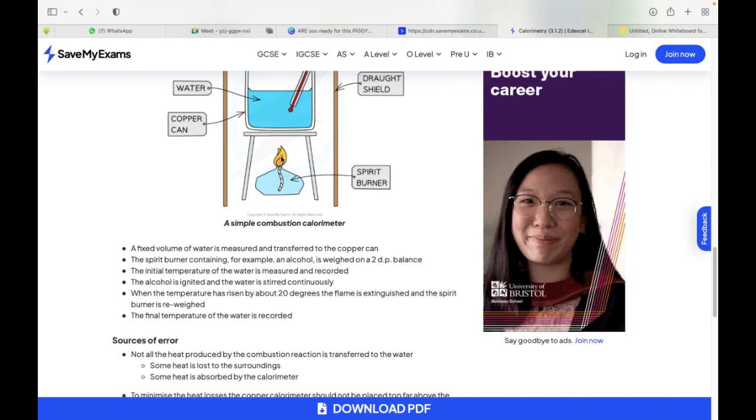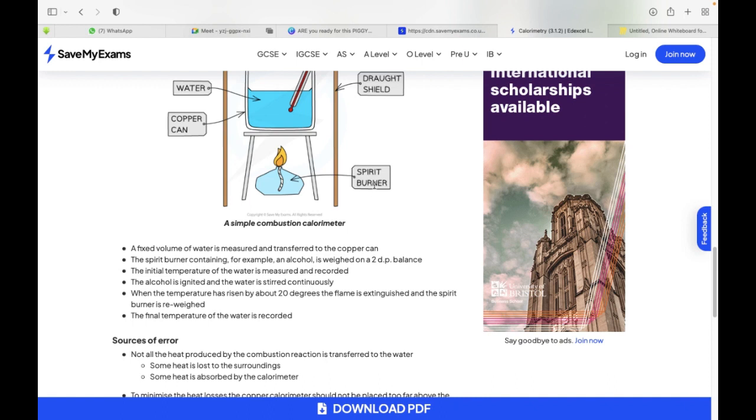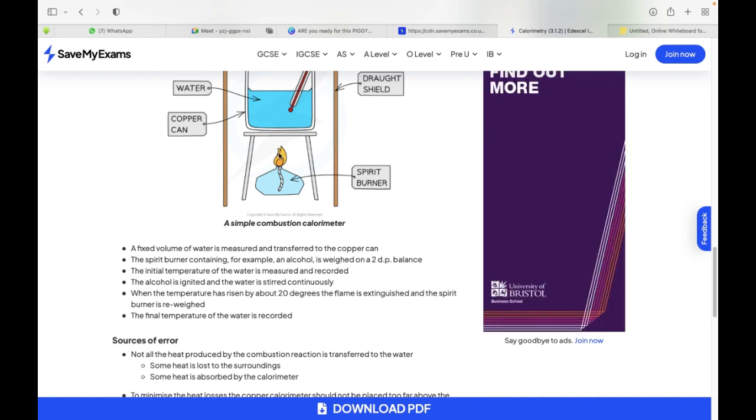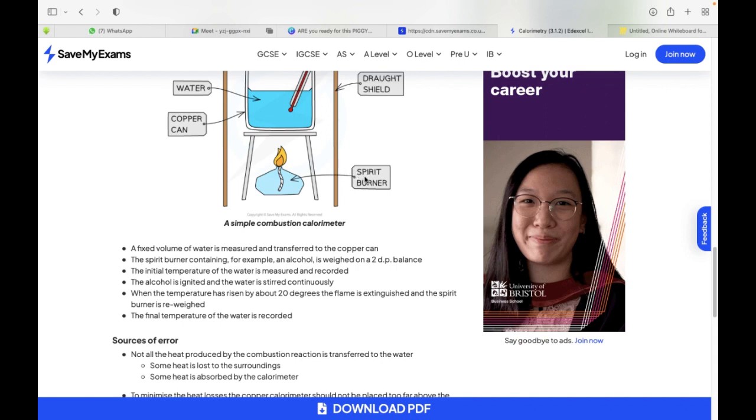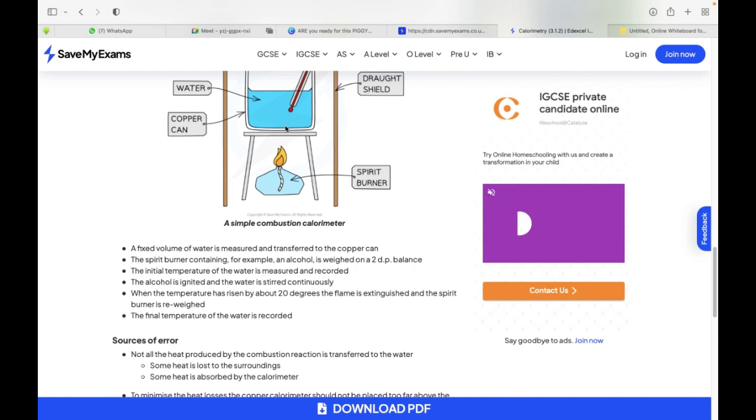Before you ignite this, you first measure the initial temperature of the water. The spirit burner contains alcohol, you know it's a fuel. So before you burn it, you first of all take the temperature of the water.